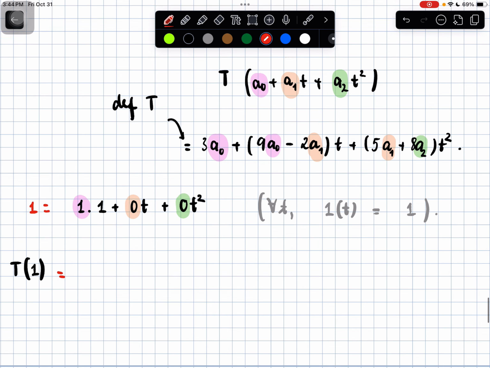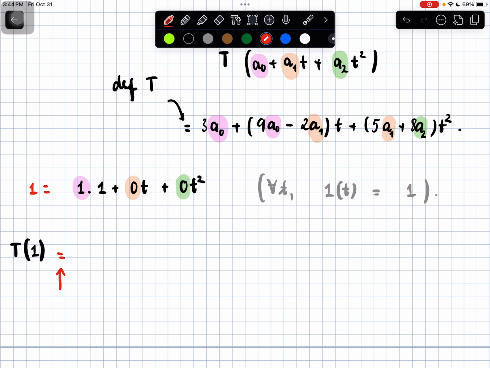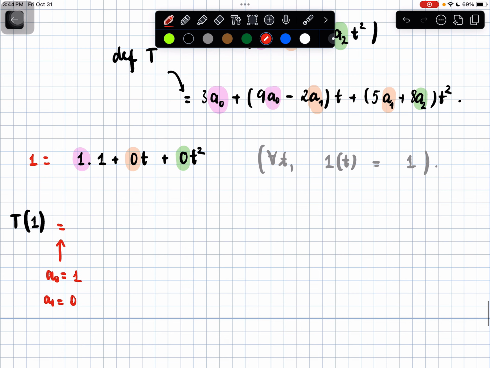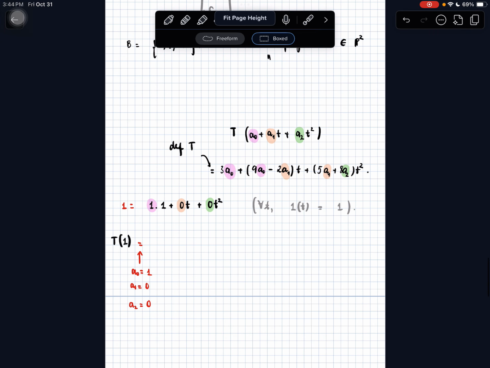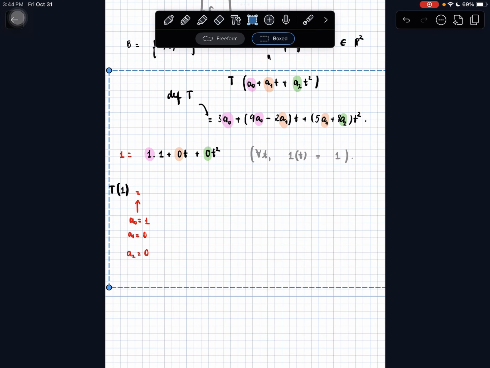We just plug in a0 is 1, a1 is 0, a2 is also 0 into the formula.